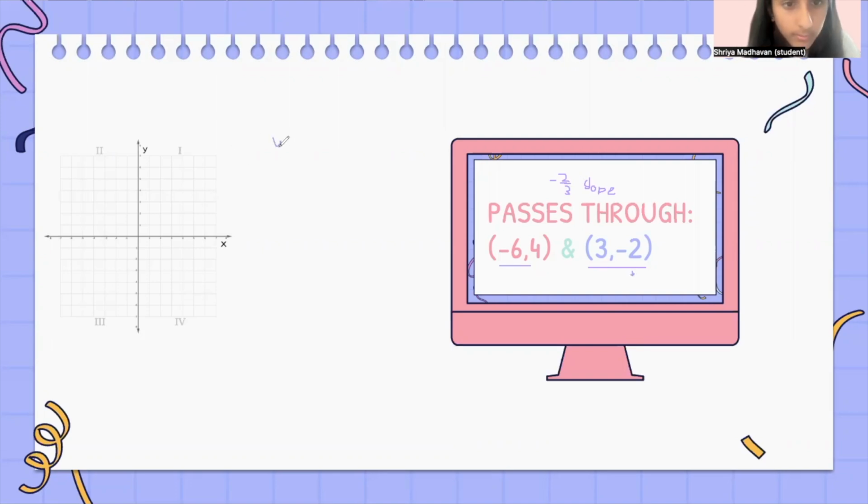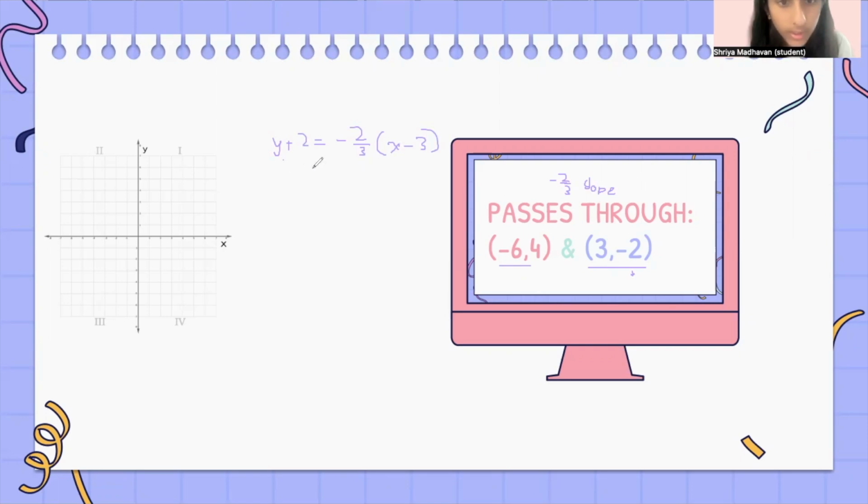So y minus y1, which is minus 2, so y plus 2, is equal to m, which is negative 2/3, into x minus x1, which is equal to 3. And that is our formula.